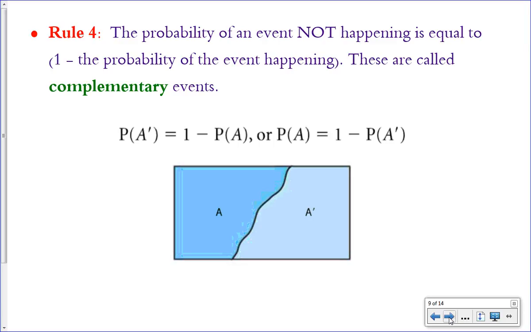So you've basically got the complement, meaning everything outside of A, also known as not A. So you can think about this as the probability of not A happening is going to be equal to 1, which is the overall set, minus the probability of A happening. And the same thing works vice versa. This is sort of common sense. Here it's just the notion of the vocab word complementary that you need to have down, and you need to understand that notation with the little apostrophe, which I might read as A prime or not A.